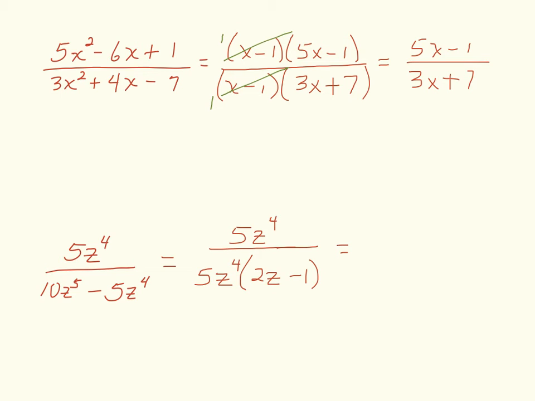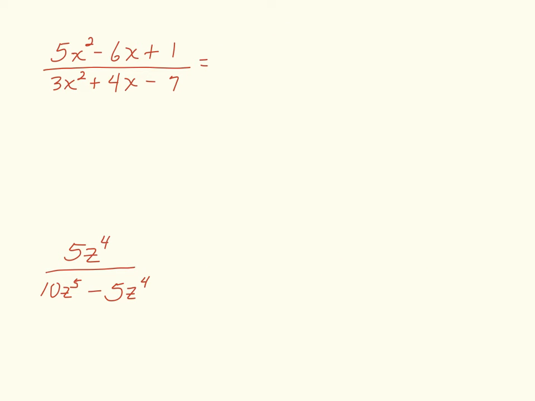And the 5z to the 4th cancels with the 5z to the 4th in the denominator, so those both become 1s. So you're left with 1 over 2z minus 1. Notice the 1s cannot cancel.